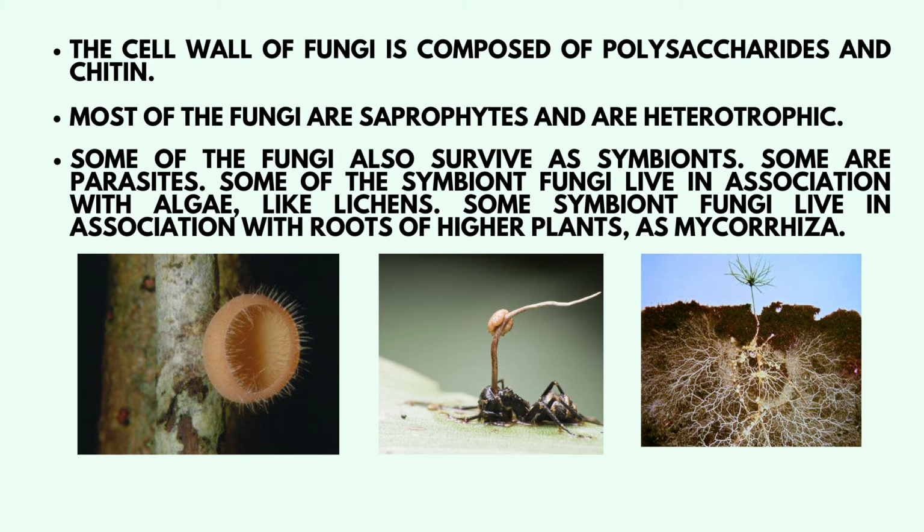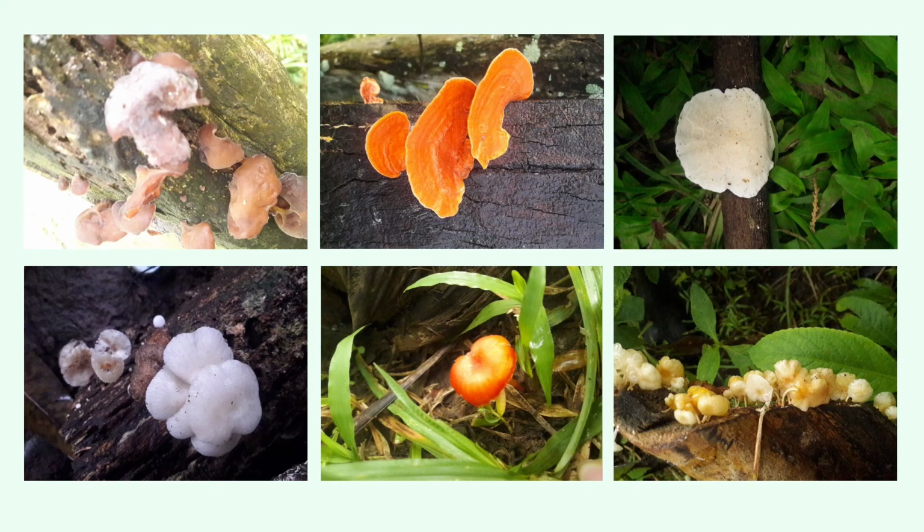Most of the fungi are saprophytes and are heterotrophic. Some of the fungi also survive as symbionts. Some are parasites. Some of the symbiont fungi live in association with algae, like lichens. Some symbiont fungi live in association with roots of higher plants as mycorrhiza. These are examples of fungi.